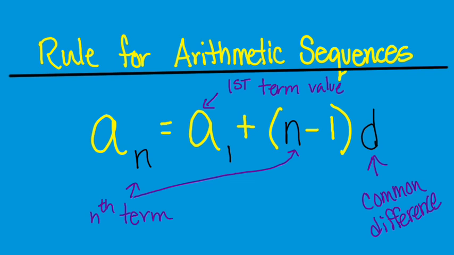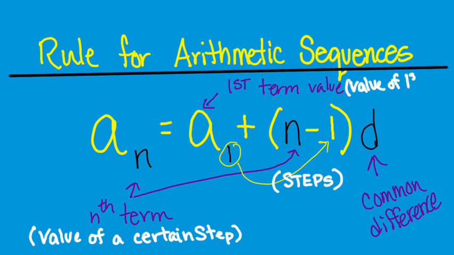Now, this a sub 1 down there means the first term's value. What is the first number? Basically, what is the value of that? So that refers also to the 1 over here, because we're talking about the very first step and its value. And then what is the actual step number?